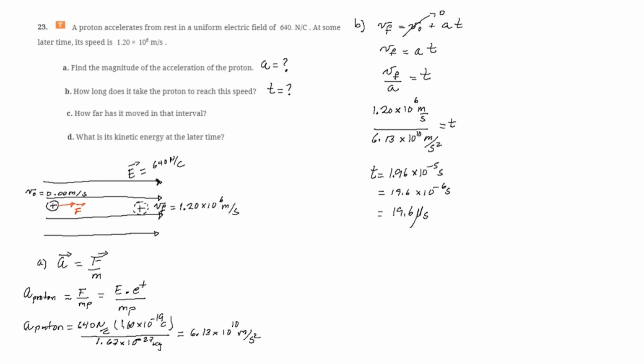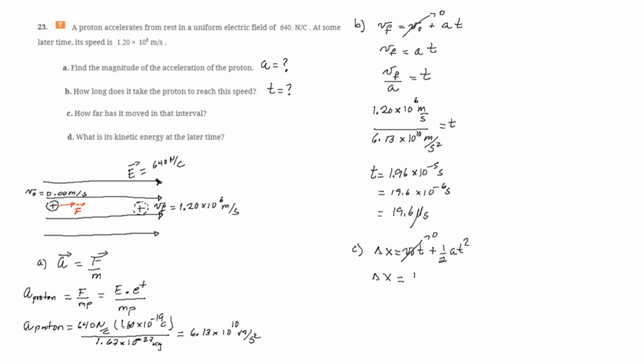Next they ask how far it has moved in that interval. So again, we're going to use an equation of kinematics. In this case, delta x is equal to v sub 0 t plus 1 over 2 a t squared. We know the initial speed of the proton was 0, so delta x, how far it goes, is 1 over 2 a t squared.